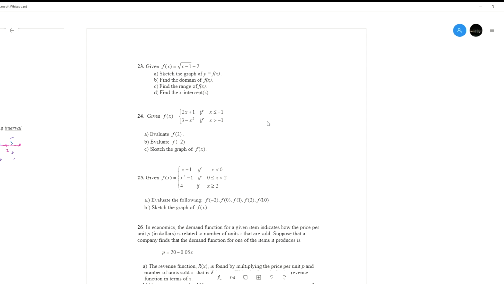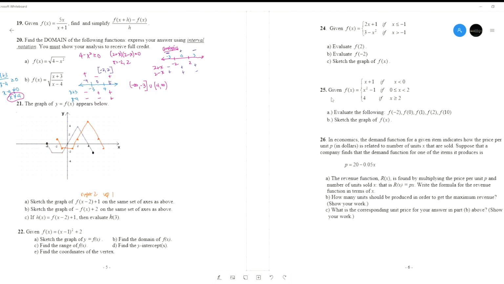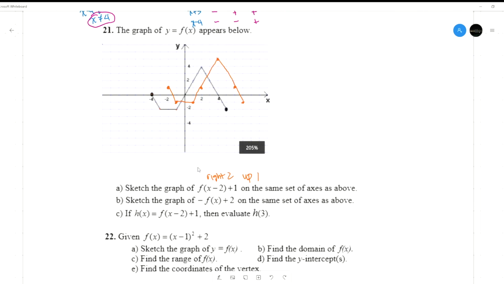Yes, the negative before f means you multiply the y's by negative 1. So over here, negative f of x plus 2. Here's the easy way to do it. I'm calling out the y here. For negative 4, the y is 0, so you multiply 0 by negative, it's still 0, and then you go up 2. For this one, you reflect it and you go up 2.